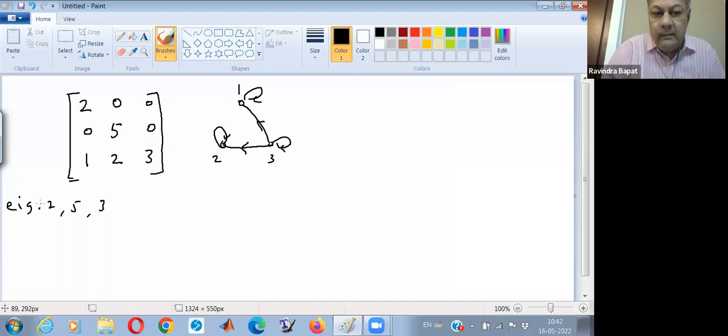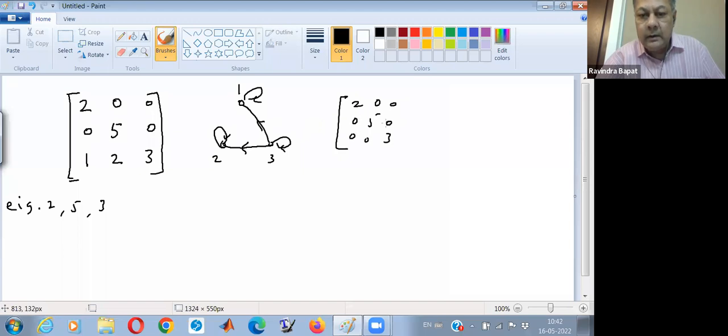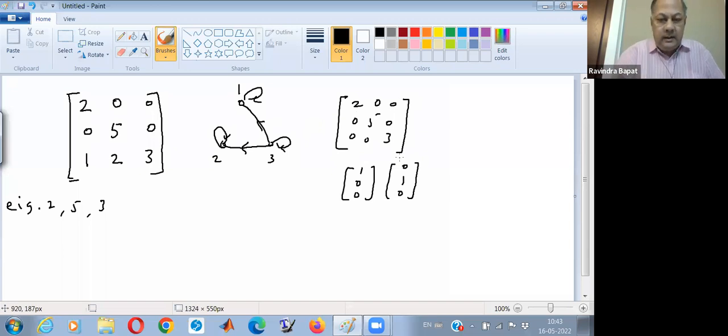If you take a diagonal matrix, then all the eigenvalues have non-negative eigenvectors, namely 1, 0, 0, 0, 1, 0, and so on. So in general, the spectral radius is 5, but other eigenvalues also can have non-negative eigenvectors. So now I'm asking which eigenvalues have non-negative eigenvectors.